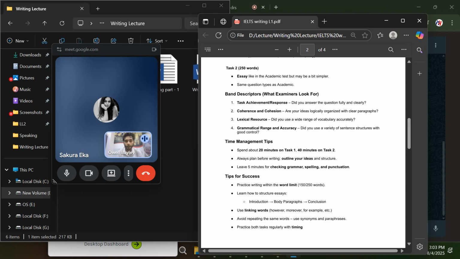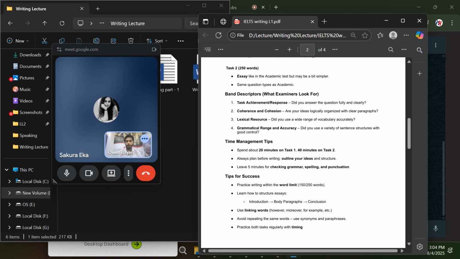And coherence and cohesion is, are your ideas logical, organized, does it have a flow, with clear paragraphs? And lexical resources, did you use a wide range of vocabulary accurately? And grammatical range and accuracy, did you use a variety of sentence structures with good control?